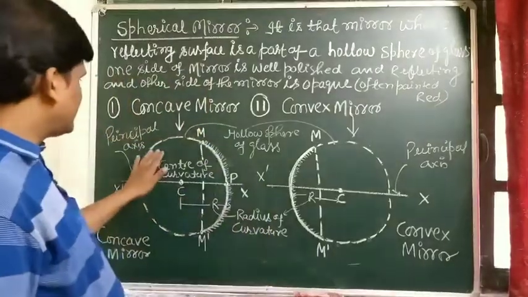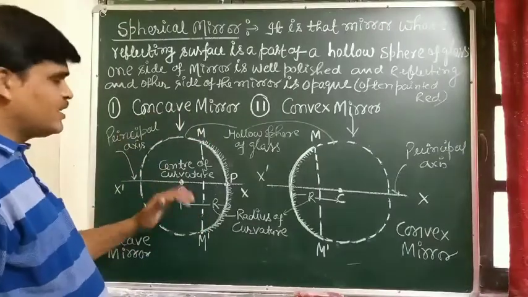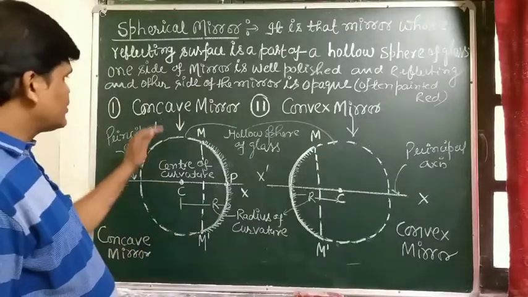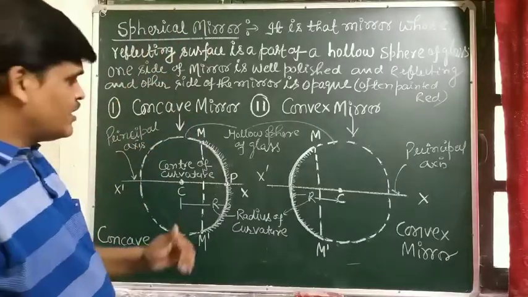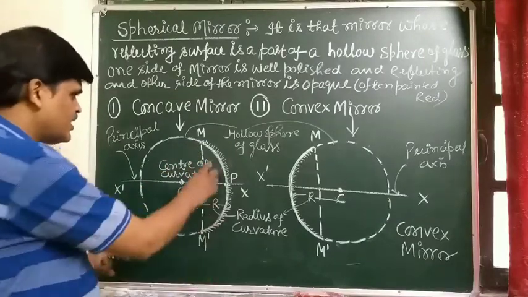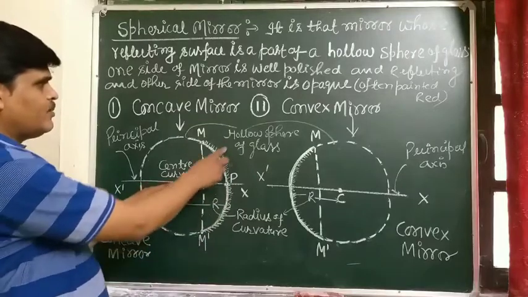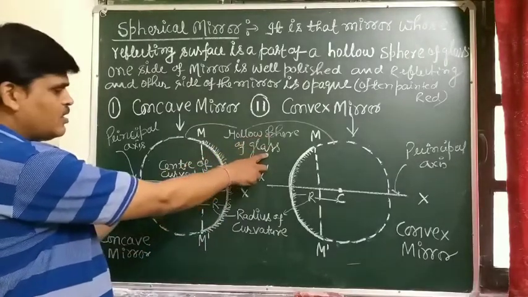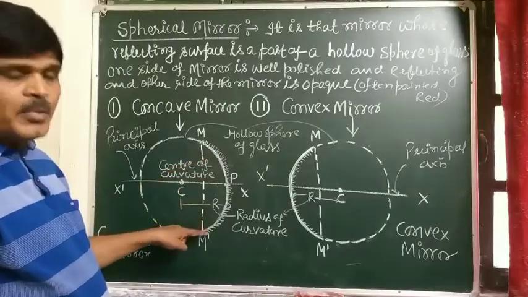And the first one is what? Concave mirror. So what is concave mirror? Concave mirror is that spherical mirror in which the reflecting surface is towards the center of the hollow sphere of glass, of which the mirror is a part.